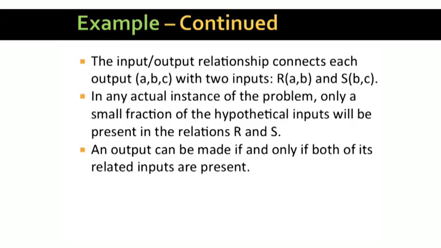So when we compute the join, we want to make an output ABC only when both of the inputs that join to make the tuple are present on the input. So the actual outputs will also be a fraction of the hypothetical outputs. For example, if 1/10 of the possible tuples of R are present, and 1/10 of the possible tuples of S are present, then we would expect about 1/100th of the possible outputs to be made. The true number of outputs could be different depending on the particular tuples chosen.